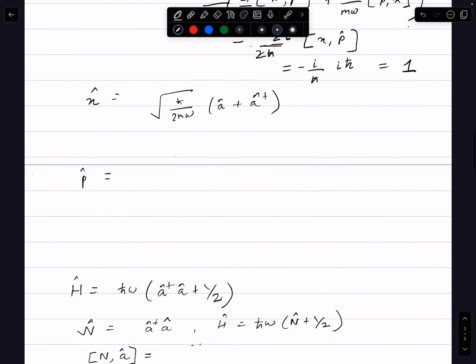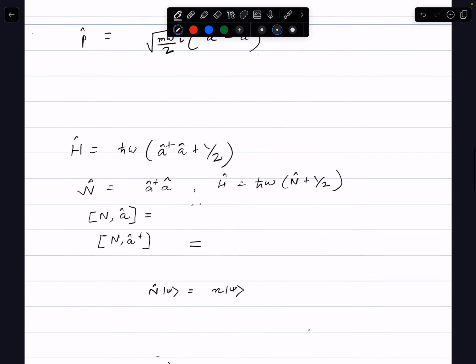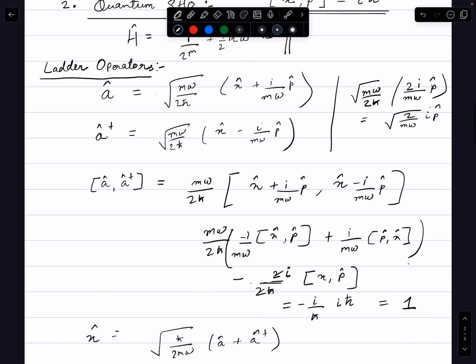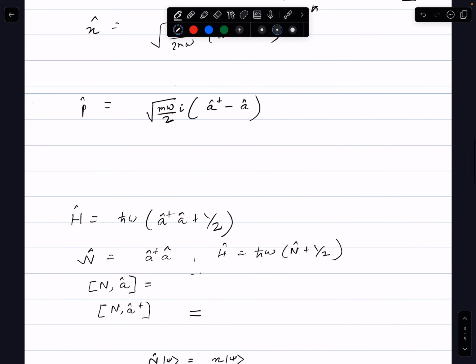So this is square root of m omega by 2 and minus i. So that becomes i into A dagger minus A, something like this. Okay, you can check. Oh, sorry, I have missed ħ, which was here. ħ.